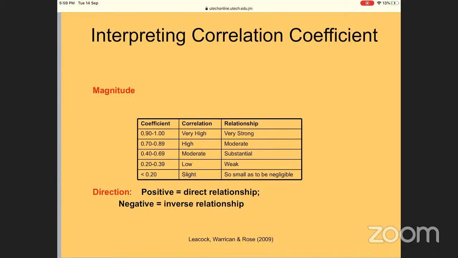If it's low, like plus 0.25, there's a weak relationship between X and Y. Can somebody tell me, if the correlation between A and B is minus 0.8, what is the nature of the relationship, based on the table?